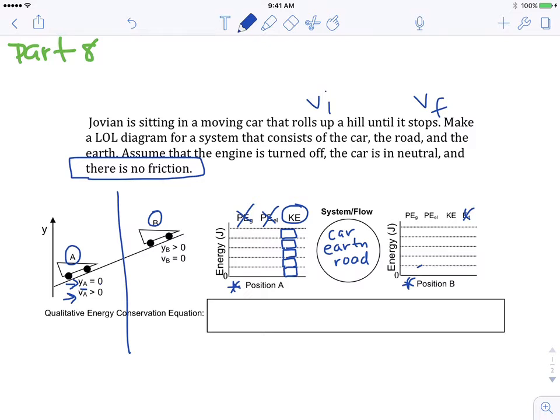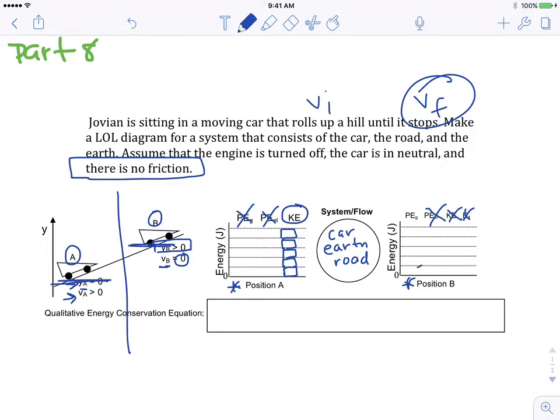Position B, do we have any velocity? Well, velocity in position B is equal to 0, so we can get rid of kinetic energy. Remember, it's stopped. That's what we said at the beginning. Is there elastic potential energy? No, it hasn't hit a spring or anything. Is there height? Yes, it's greater than 0. Just look, it started at this level and it finished up here.